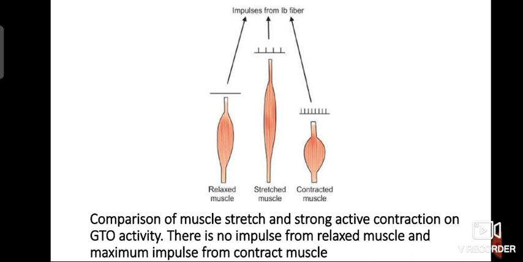Now the comparison of muscle stretch and strong active contraction on GTO activity. There are no impulses from the relaxed muscle and maximum impulses from the contracted muscle.